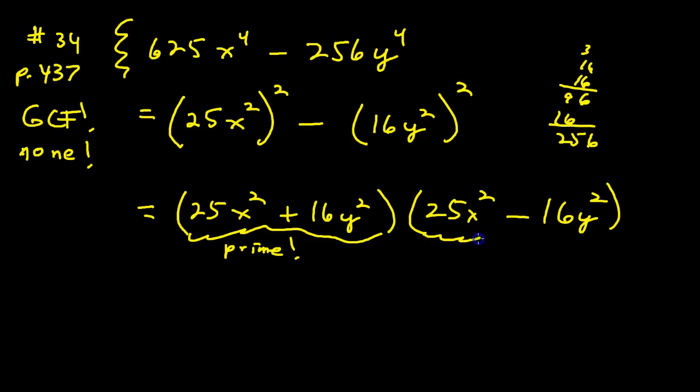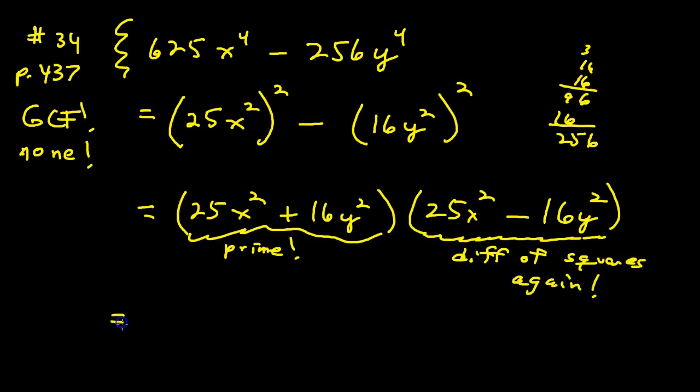But notice this second factor that has emerged is again a difference of squares. So I'm going to apply my difference of squares pattern again within the same problem, right? This prime factor I'll carry down to my final answer.